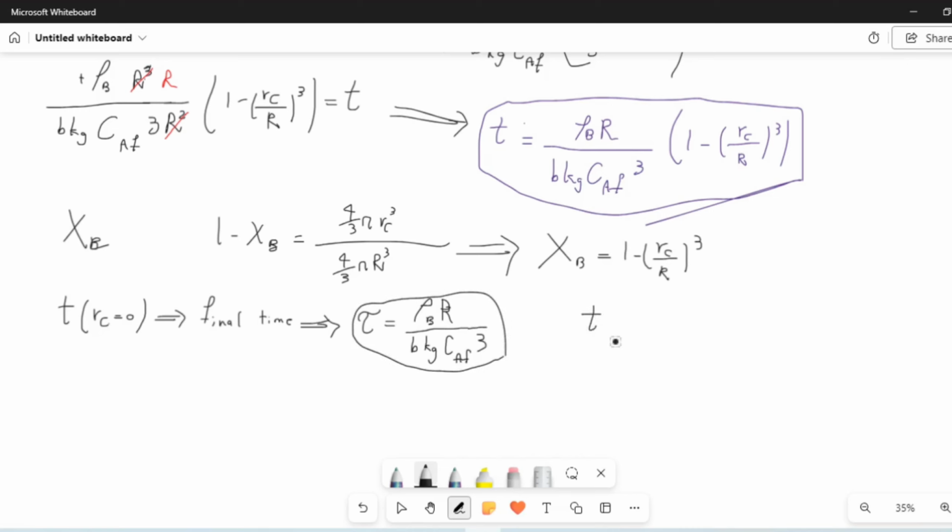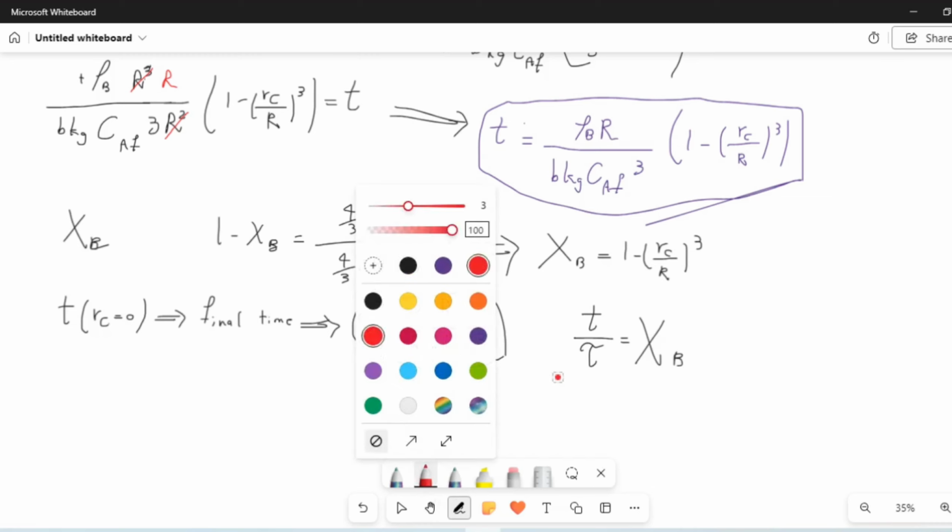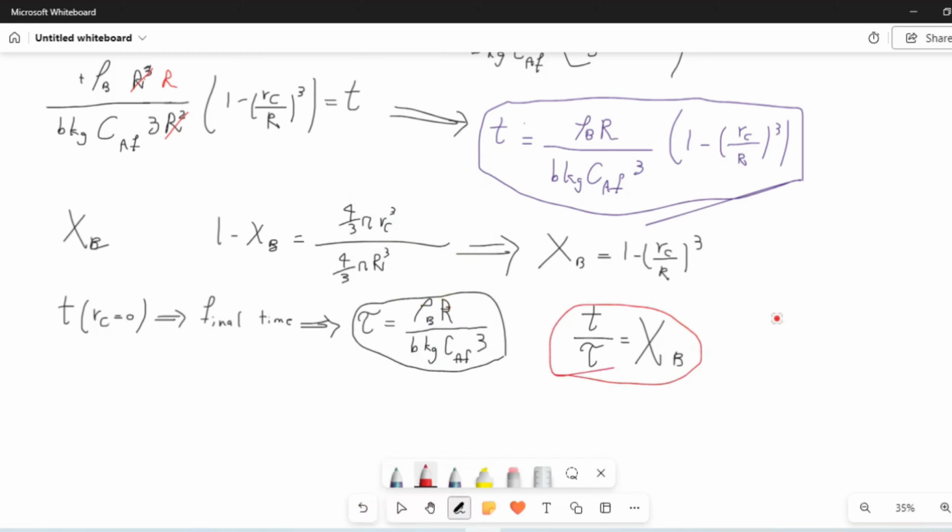If we consider t over tau, we arrive at the final relationship. If you refer to the Levenspiel book, you will find this equation which we have now derived.